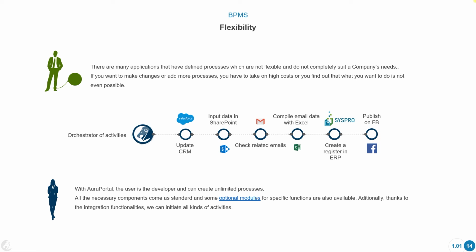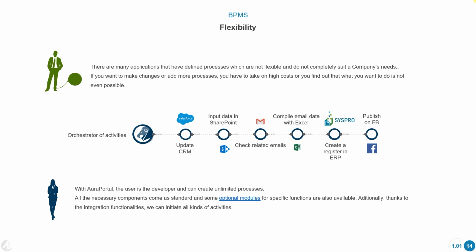Okay. So we're not only coordinating or orchestrating the activities within the process, but we're also updating and managing all kinds of other tools. So with Autoportal, the user is actually going to be the developer and they can create unlimited processes. All the necessary components are going to be in the application as standard.